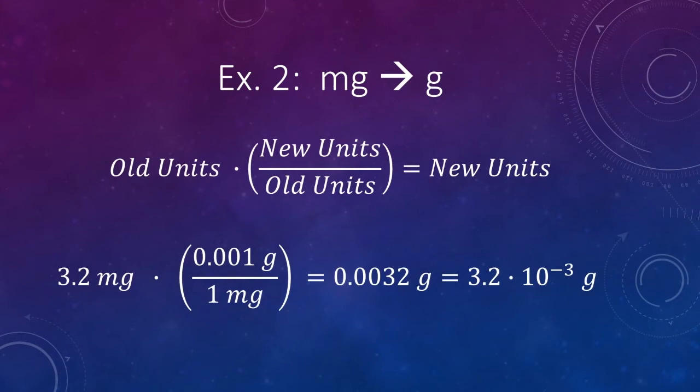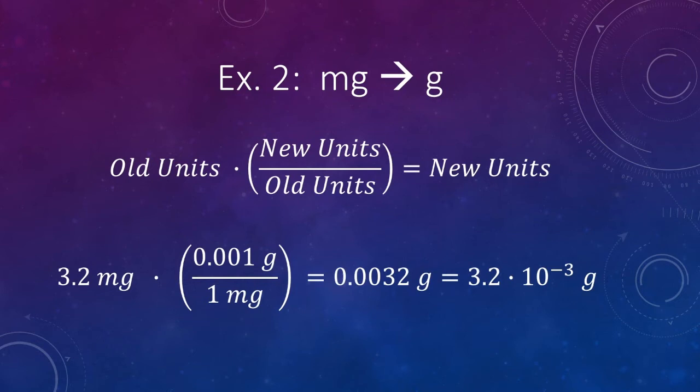Let's go the other direction, where we start off with milligrams and go to grams. So let's say we have 3.2 milligrams and we want this in grams. So we want our new units of grams on top and our old units of milligrams on the bottom. And we note that 1 milligram, milli is 1,000th or 0.001.